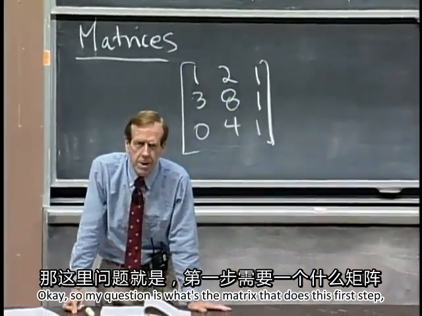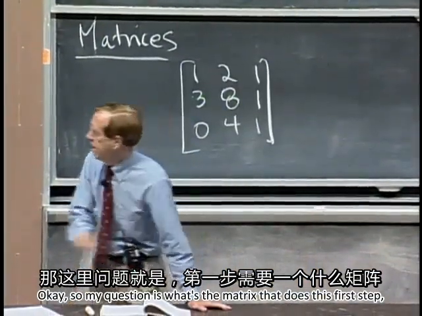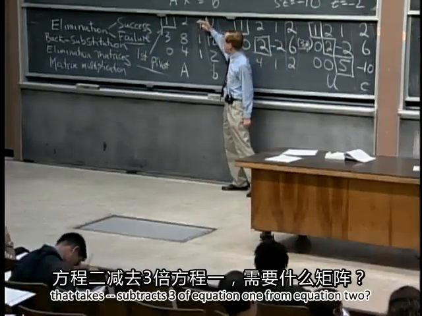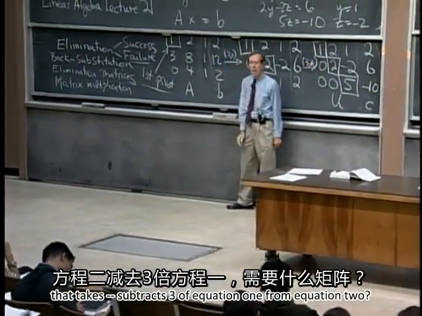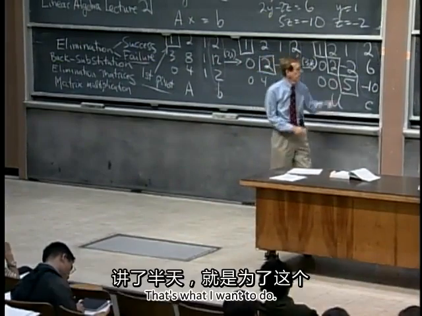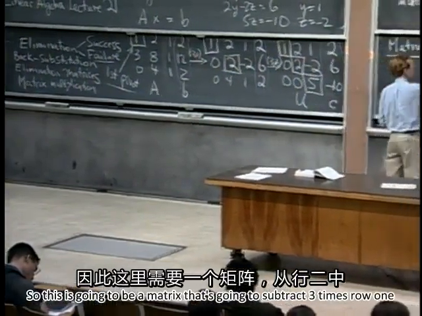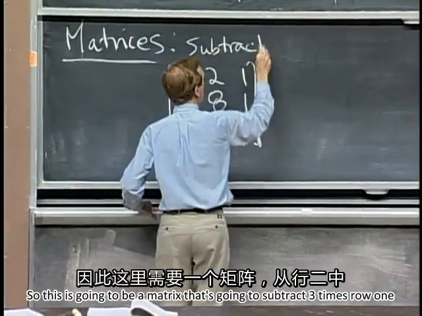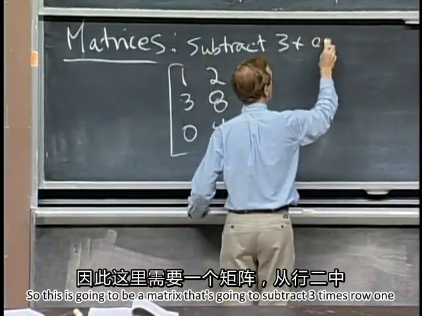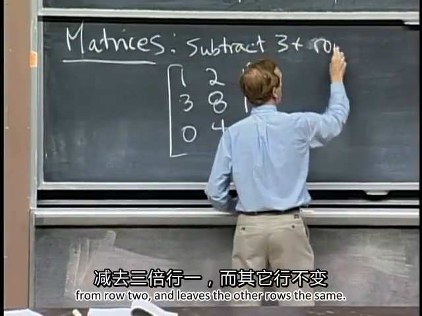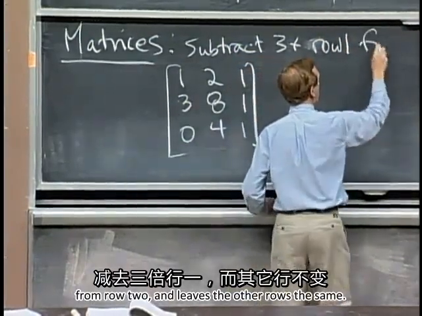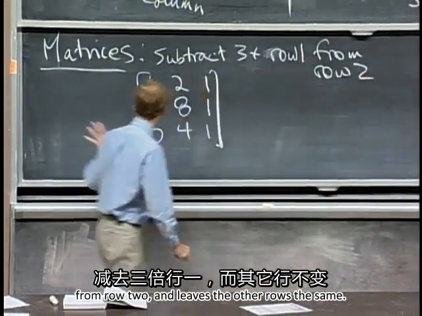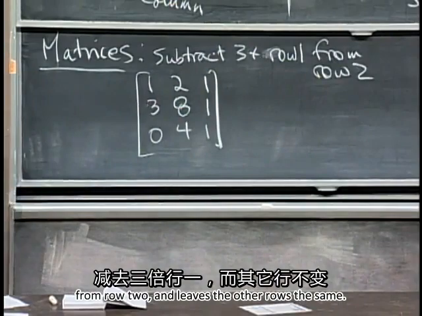Now, my question is, what's the matrix that does this first step? That subtracts 3 of equation 1 from equation 2. That's what I want to do. So this is going to be a matrix that subtracts 3 times row 1 from row 2 and leaves the other rows the same.